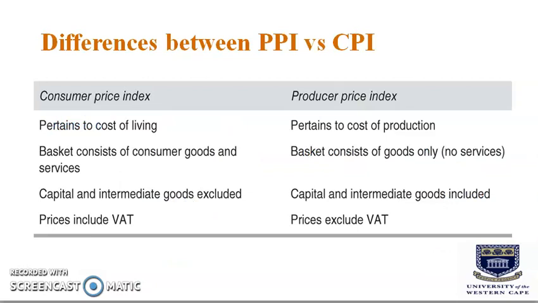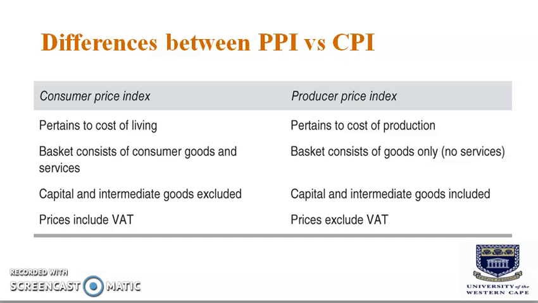There are important differences between the consumer price index and the producer price index. These are, firstly, the producer price index, which shows prices at the factory gate, indicates the cost of production, whereas the consumer price index, which shows prices at the store, indicates the cost of living. Secondly, the producer price index basket consists of goods, only goods, whereas the consumer price index basket consists of goods and services.